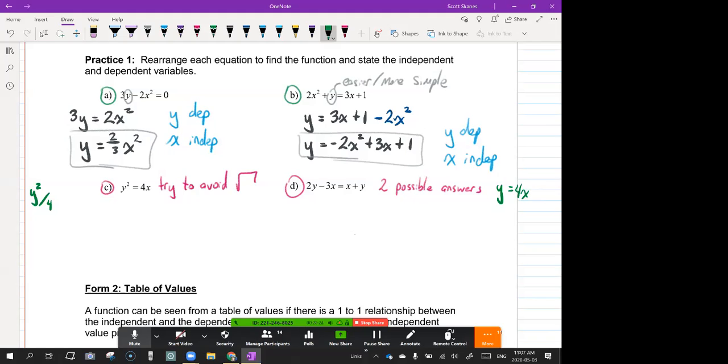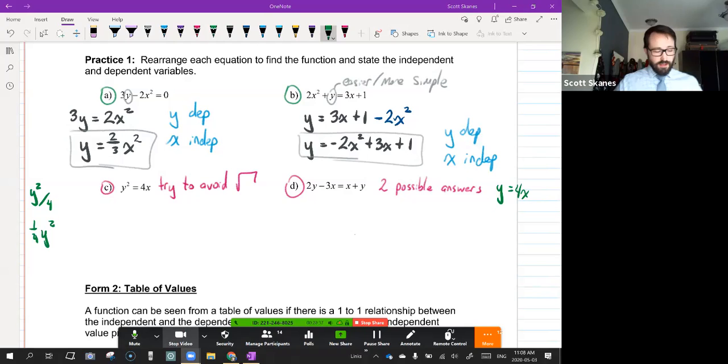All right, let's see. And 1/4 y squared. Yeah, looks the same to me. Okay, so that's about enough time for those. I definitely agree with those answers.